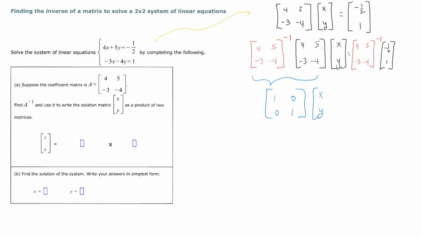And if you multiply the identity to x comma y, you simply get x comma y. And then over here, you get, hopefully, the answer to your system of equations. Now remember, that's not an exponent. That just means inverse of that matrix.